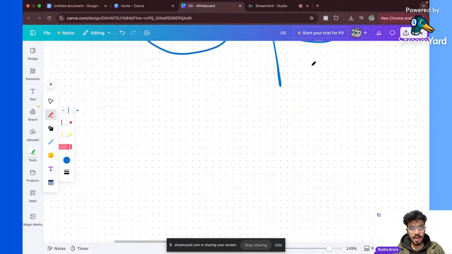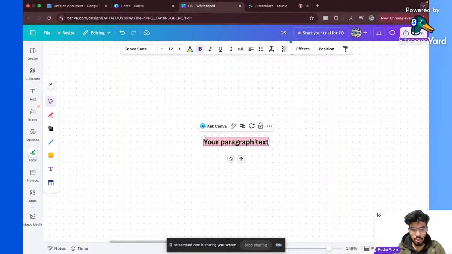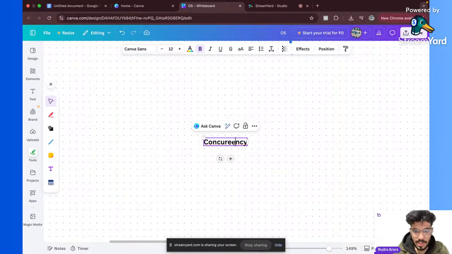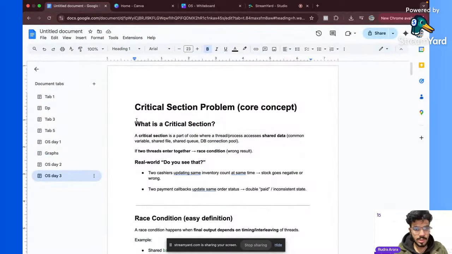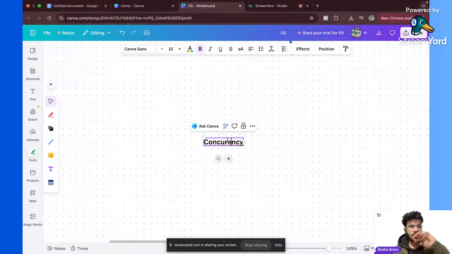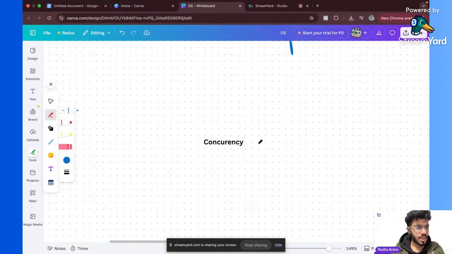There is another term which you should know, though you would be very familiar with it, which is concurrency. These terms are covered in your notes. This is the day 3 notes that we'll revise at the end of the class, but I'm telling you the definition in a very simple manner so that it gets to your brain simply. Concurrency refers to the execution of multiple instructions in a parallel manner.